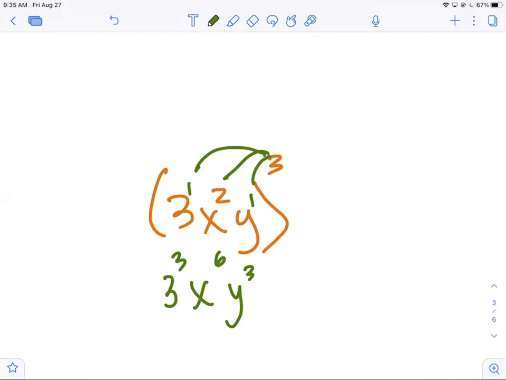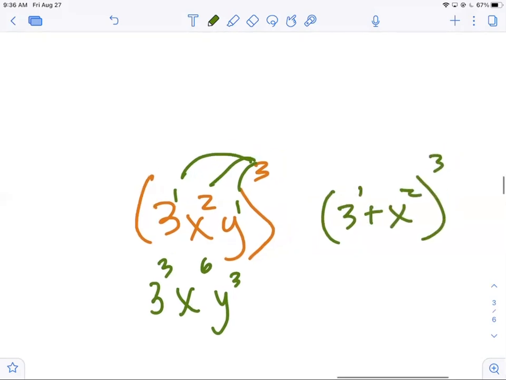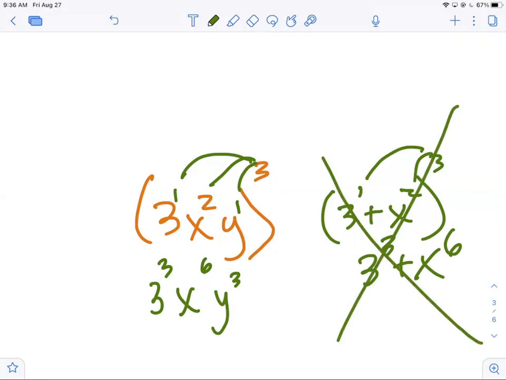Now, these have to be multiplied. What if I had 3 plus x squared, all to the 3rd power? Could I then distribute the exponent to each of these and call it 3 cubed plus x to the 6? Rhymes with go and starts with hell n. No. Good. Hell no. You know why?